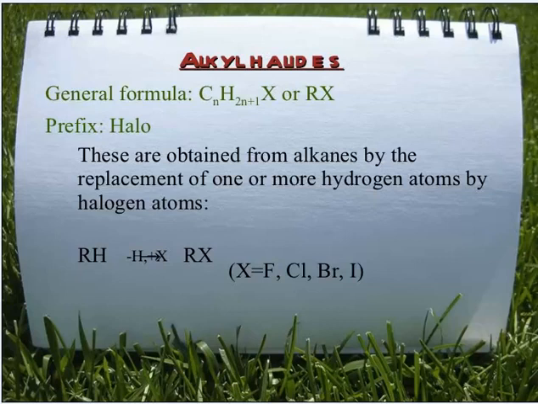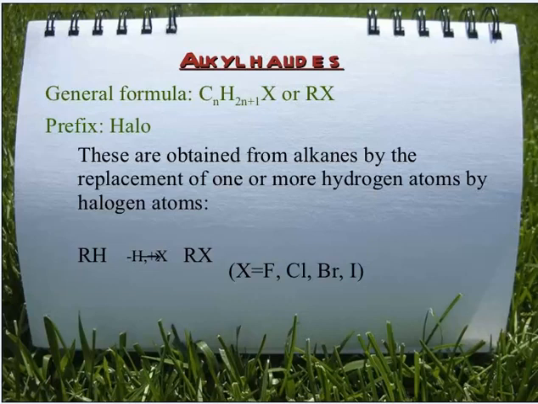Alkyl halides. The general formula of alkyl halides is CnH2n+1X or RX, where R means alkyl group. The prefix is halo. These are obtained from alkanes by the replacement of one or more hydrogen atoms by halogen atoms.